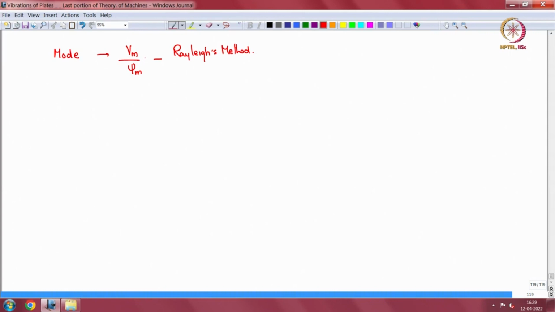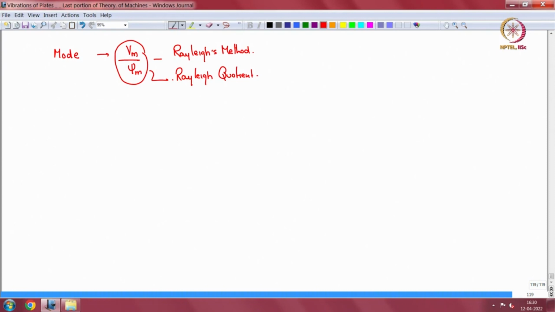And this expression is called the Rayleigh quotient.